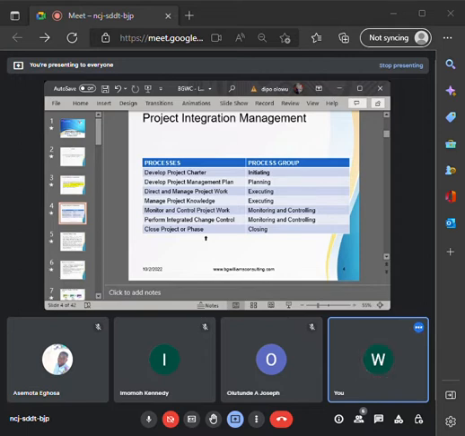If the roofing phase is done, for example, you can close the roofing phase and say, okay, now we are done with roofing phase. Let's do another phase of the project. So you can break your project into different phases. All these seven are the project management processes. Now we are going to look at them one after the other.